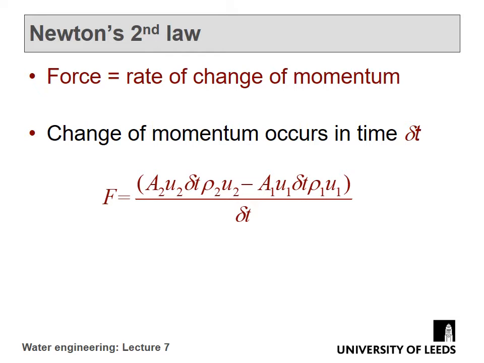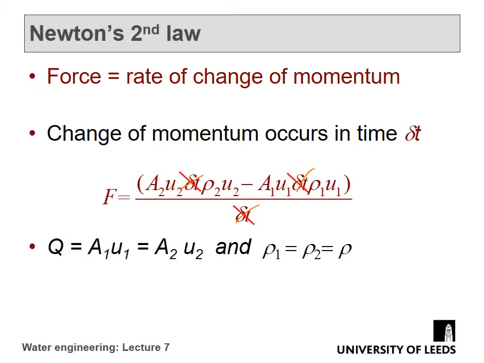Now we can see that we can cancel our delta t's out here. I'll do that for you. We can relate velocity u1 and u2 using the continuity equation, and we can cancel the subscripts of rho, because we're assuming a constant density fluid, just single rho.